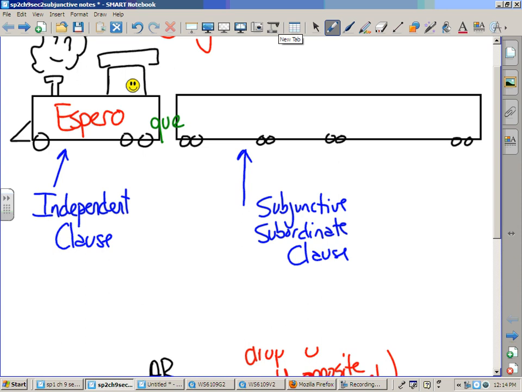So we want to put over here, we win, but we want to show some kind of uncertainty into it. So I'm going to put it in a subjunctive. Espero que ganemos el partido. I hope that we win the game.